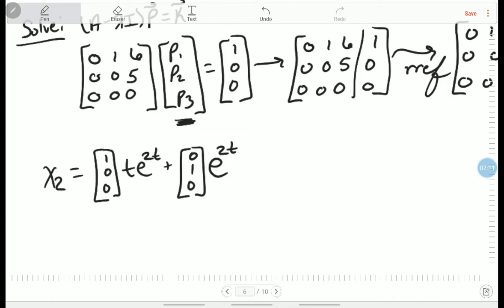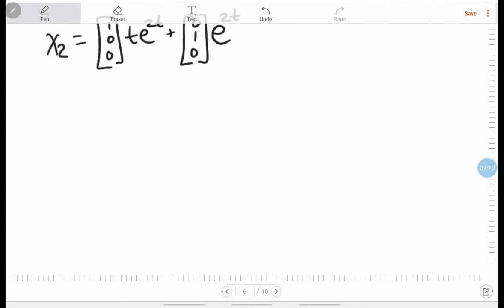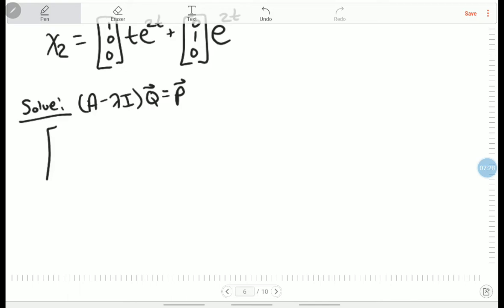So now we have to find q. So we want to solve another system. A minus lambda I times q is equal to p. So let's see what this is going to look like. A minus lambda I is still the same matrix we used above to find p.